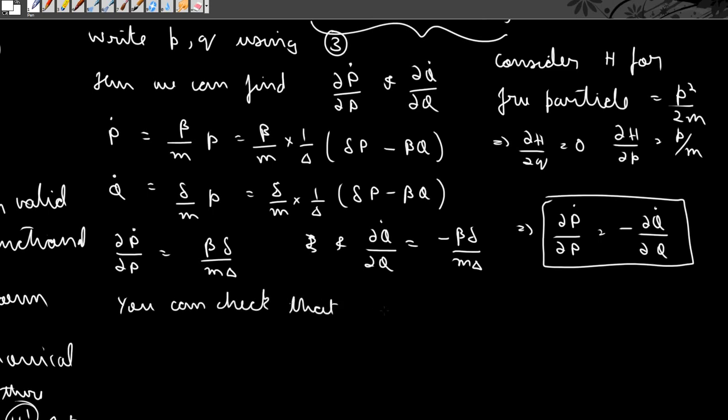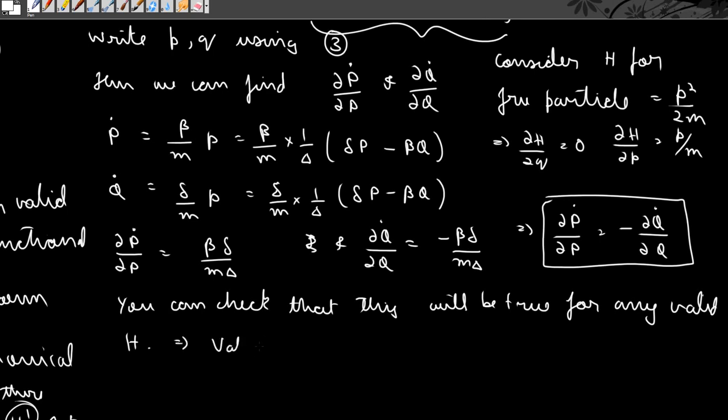Okay, in fact you can check that this will be true for any valid H. This implies that this is valid across all systems. So what I'm saying here is that you cannot find a functional form of Hamiltonian for which this equation will break.